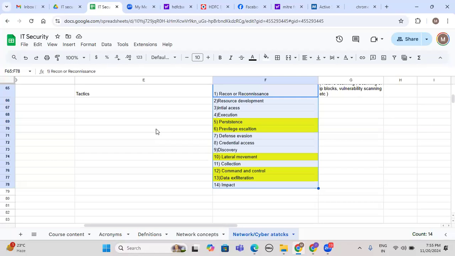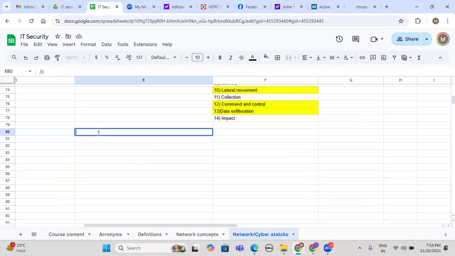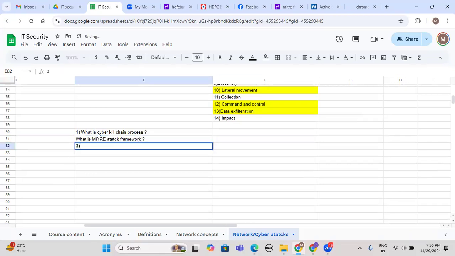What are the questions we can expect here? As I said, first, what is the cyber kill chain process? Second, what is Mitre or the Mitre attack framework? Third, what is the difference between Mitre versus the cyber kill chain process?